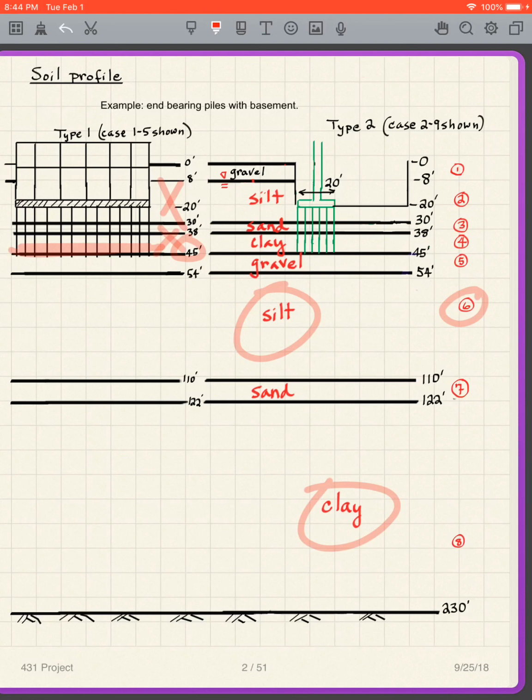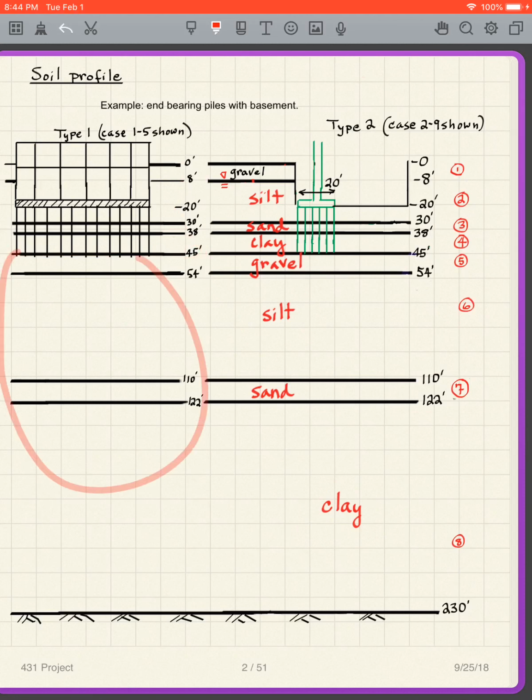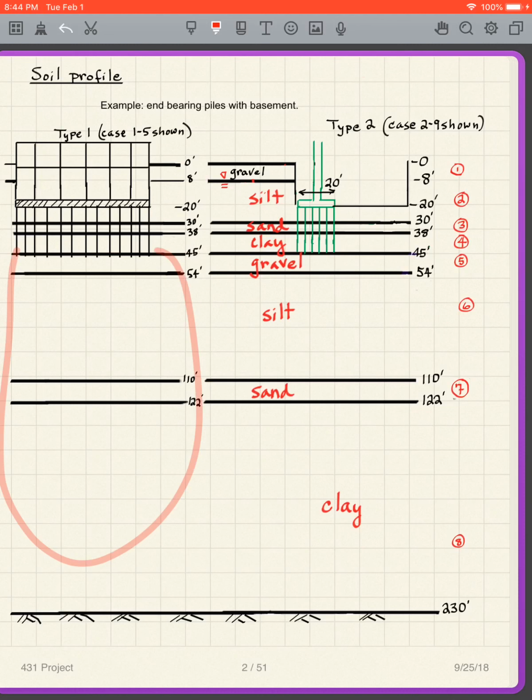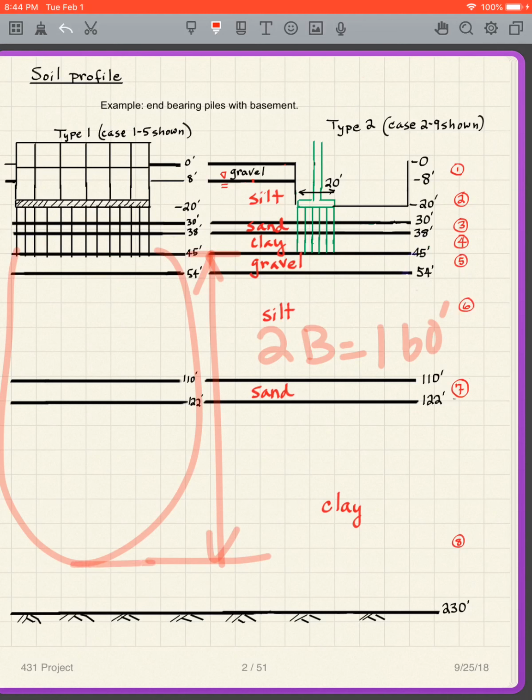So that's layers 6 and 8. And we know the width is 80, so the pressure bulb is going to go down 160 feet. I didn't draw that very well. Pressure bulb is going to go down 160 feet, so in other words, this is 2B, which is 160 feet. So that's going to come down to 205 feet at the base of that pressure bulb.